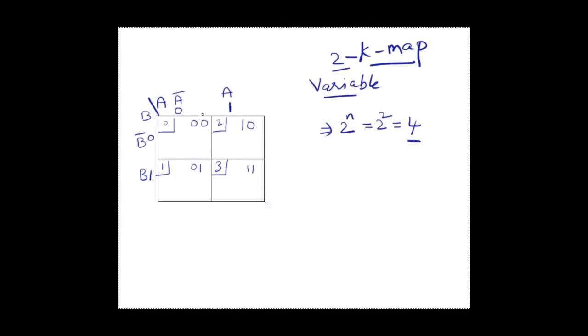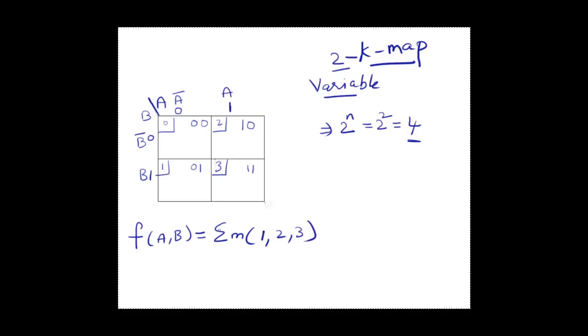Now we'll just see a small example on this. The question can be asked: function of 2 variables, that is F(A, B) is equal to summation of small m 1, 2, 3. I just need to find out the solution for this.